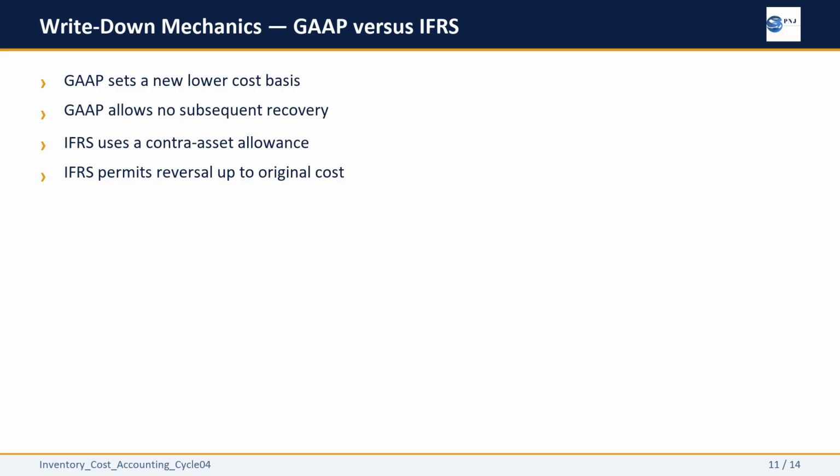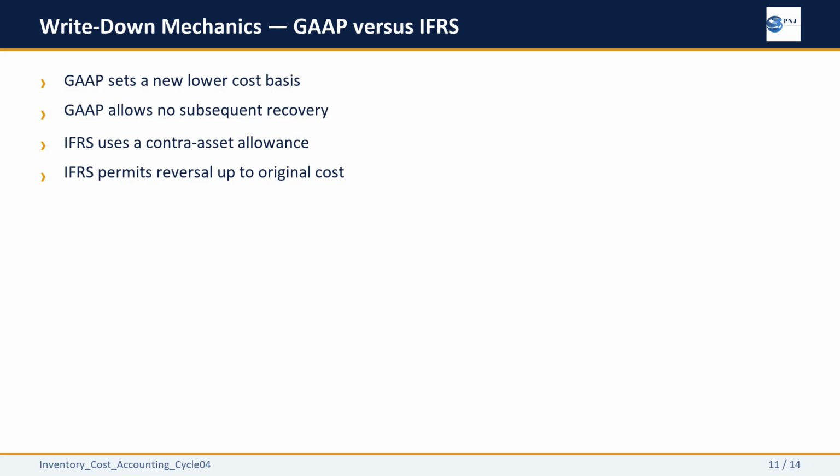This is where GAAP and IFRS genuinely part ways, and it is worth knowing both. Under GAAP, ASC 330, the write-down establishes a new, lower cost basis. That basis is permanent. No subsequent recovery is recognized, even if the market bounces back. Under IFRS IAS 2, you instead use an allowance account, a contra asset, which preserves the original historical cost on the books.